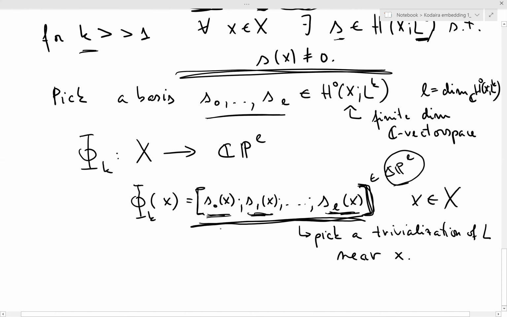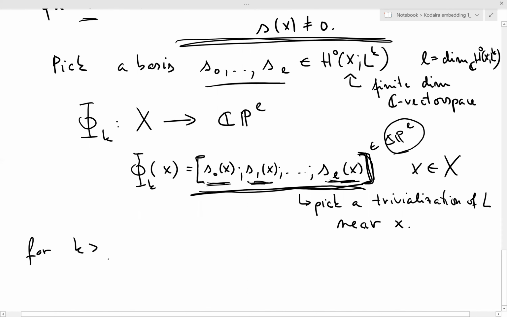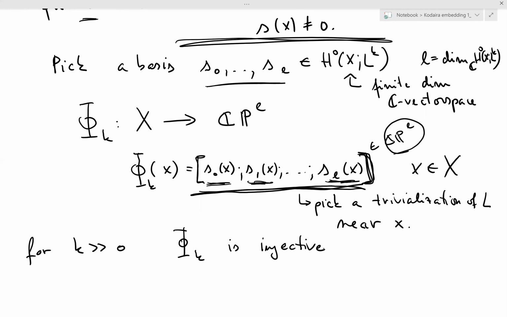Okay, so then at least we have a map, and then you want to show that this map is an embedding. This will also be shown in stages. What we will show is that by increasing the k further, phi k is injective. So then now you have an injective map of X into CPL. Unfortunately, this is still not quite an embedding.